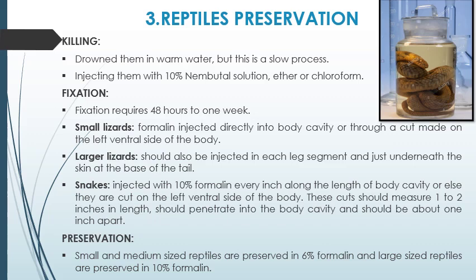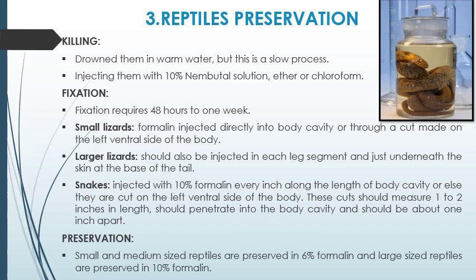Fixation. Fixation requires 48 hours to 1 week. In the case of small lizards, formalin is injected directly into the body cavity or through a cut made on the left ventral side of the body. Larger lizards should also be injected in each leg segment and just underneath the skin at the base of the tail.